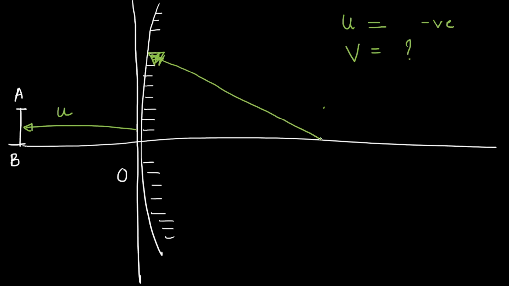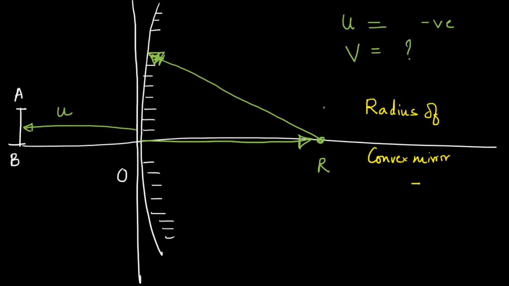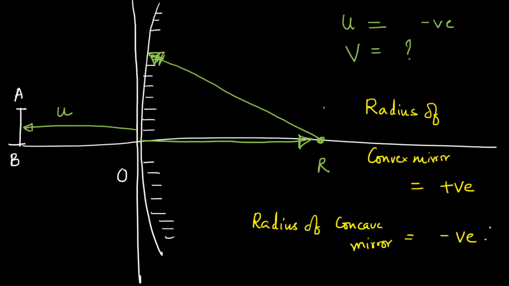By convention, the radius of a convex mirror is positive. And by similar reasoning, the radius of a concave mirror, maybe I just draw it in the next slide, is negative.